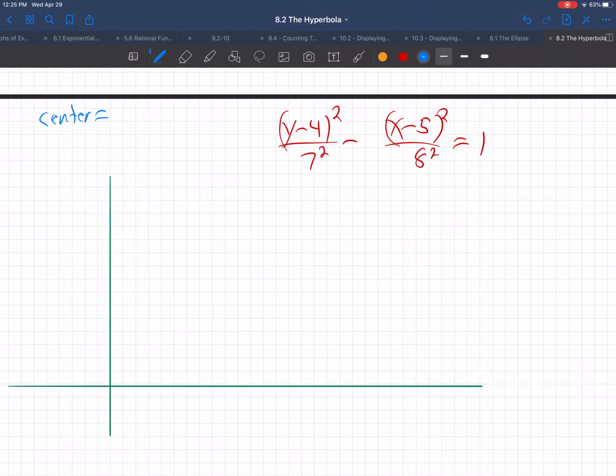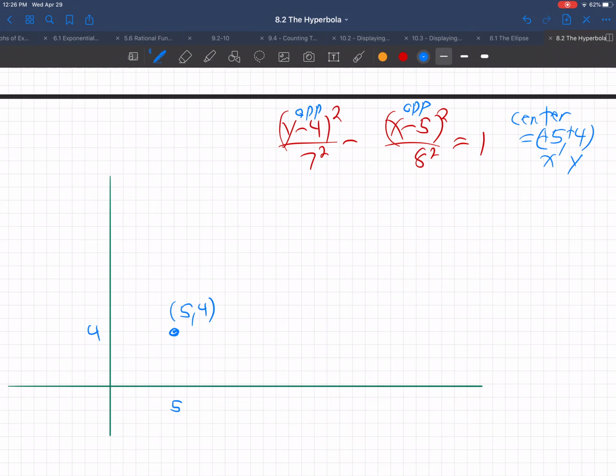The center is always opposite, isn't it? The opposite of what's next to y, and the opposite of what's next to x. X comes first, so 5 for both positive, the opposite of the x and the opposite of the y. So over 5, up 4: 1, 2, 3, 4, 5, 1, 2, 3, 4. Right there, over 5, up 4. There's the center of the hyperbola.